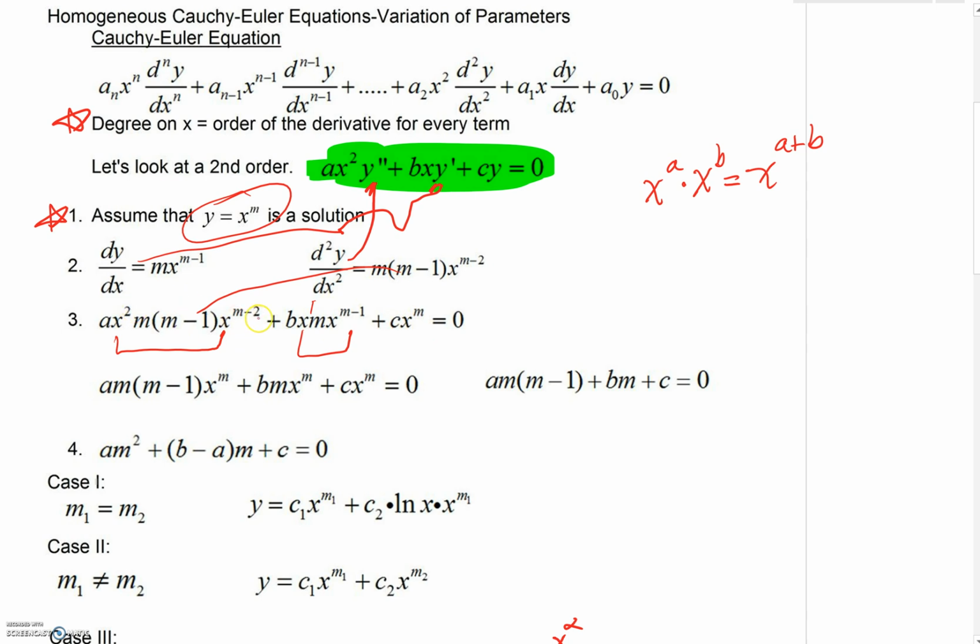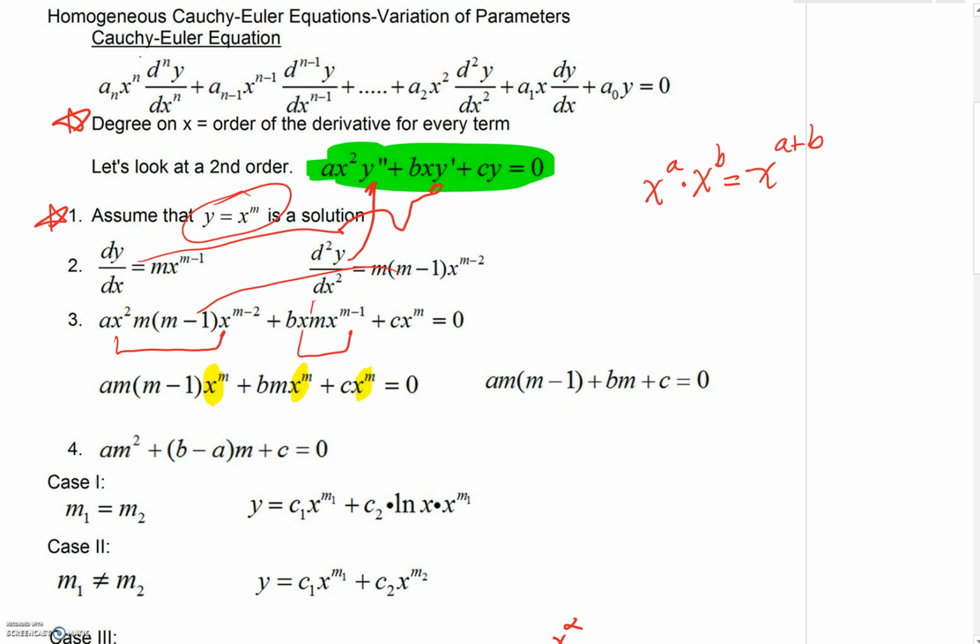You add 2 plus m minus 2, that's just an x to the m. And everything else remains the same. Here, 1 plus m minus 1 is just an m, and all of a sudden you will very, very quickly see that your new equation, once you make that substitution, is going to have x to the m for each and every term.